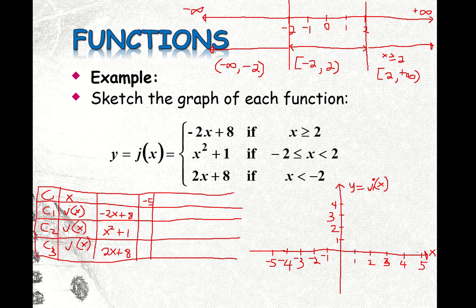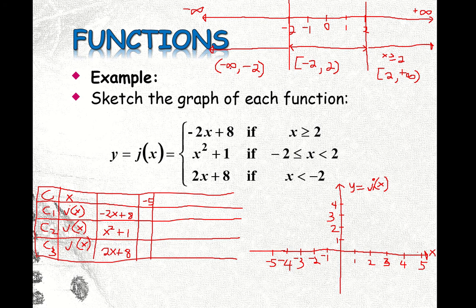That belongs to this interval, this condition. What condition is this? This is condition 3, that x is less than minus 2, so from negative 2 going to the left. So you can assume minus 5.